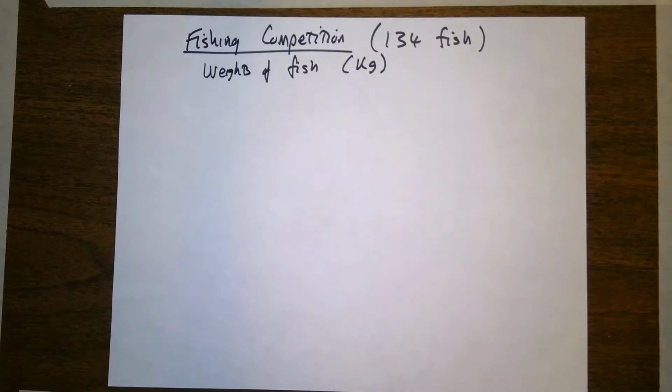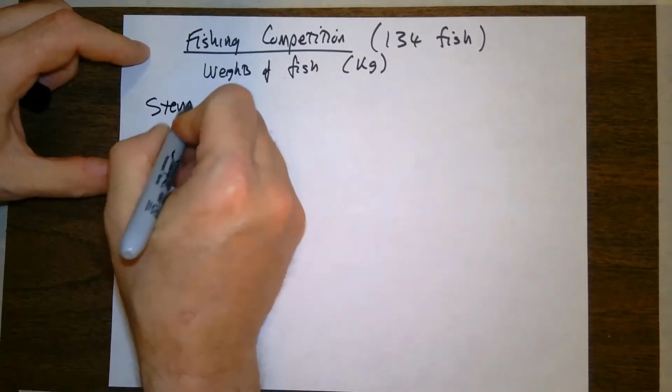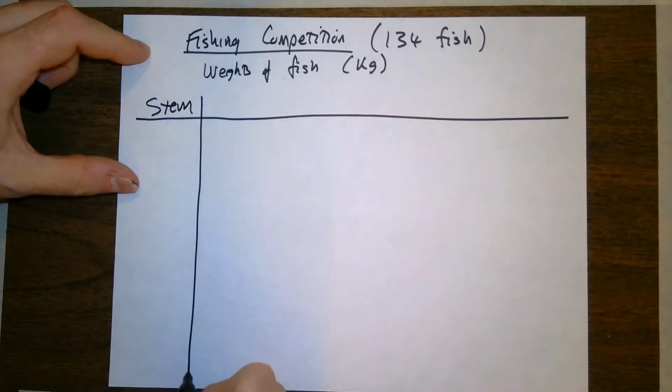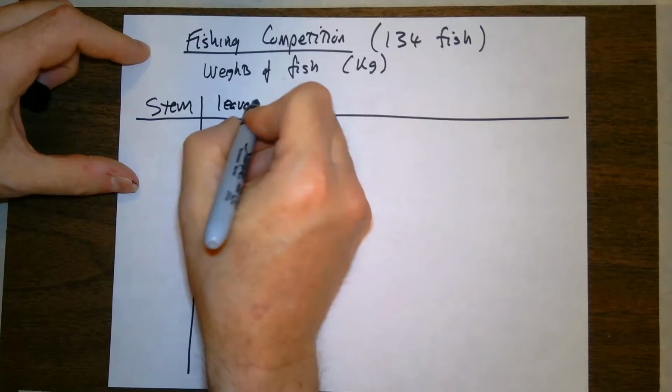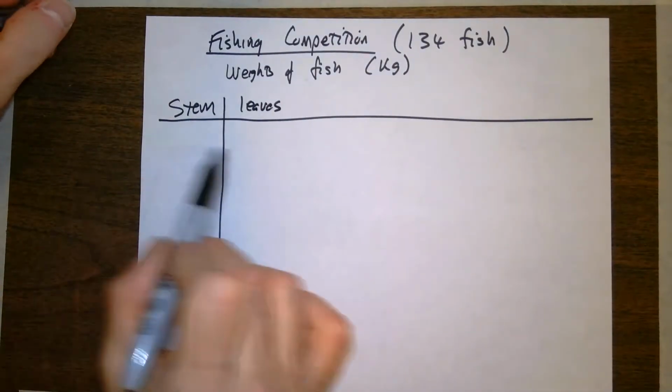I'm going to represent the data in a statistical graph that we haven't talked about yet, but I'm sure is very familiar to you, called a stem and leaf. So we're going to have the stem and the corresponding leaves. Think about it as a category and a subcategory.